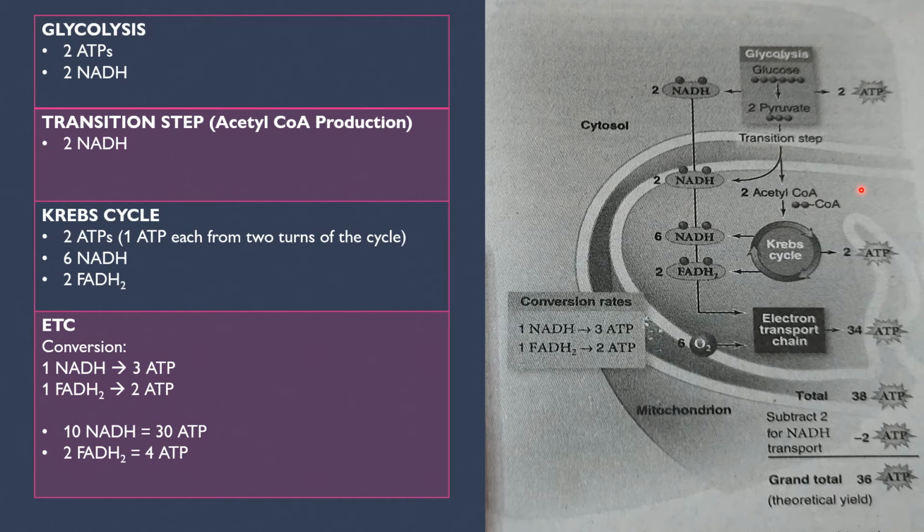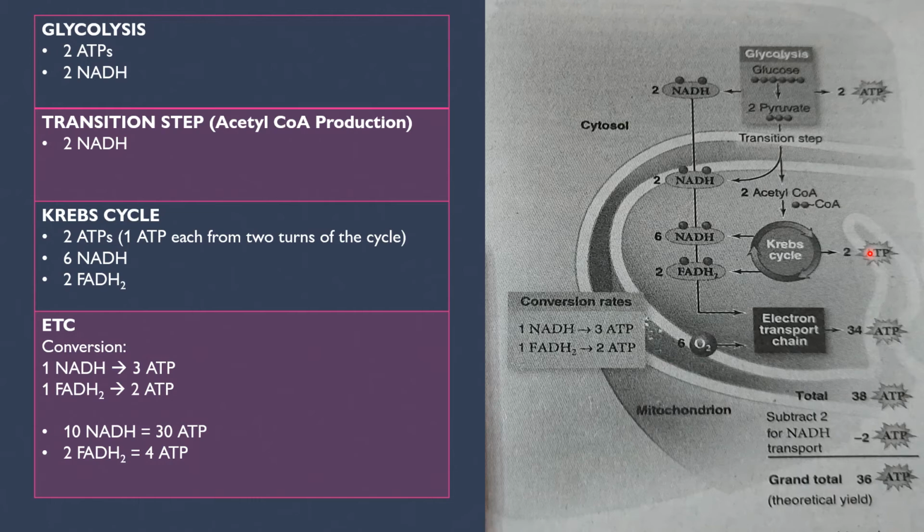Glycolysis yields 2 ATPs, as does the Krebs cycle. Take note, there is 1 ATP each from 2/3 of the cycle, so that gives us 2.